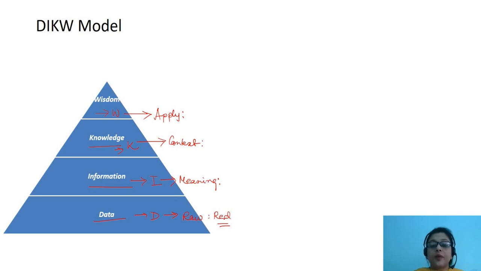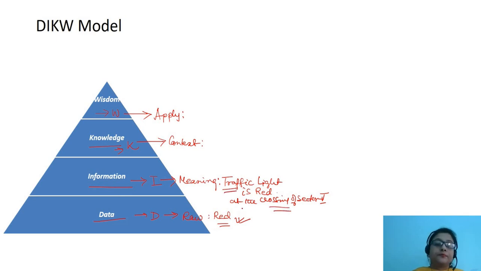We can have a red colored pen, a red colored attire, a red colored room, etc. Now we write traffic light is red at the crossing of sector 5. If we write it like this, then we understand that this red means a traffic light becoming red at this particular street.